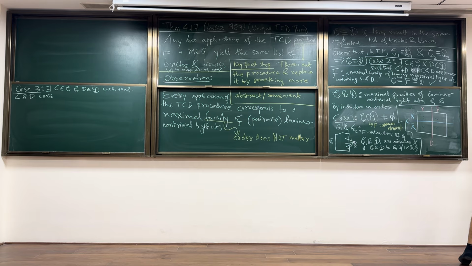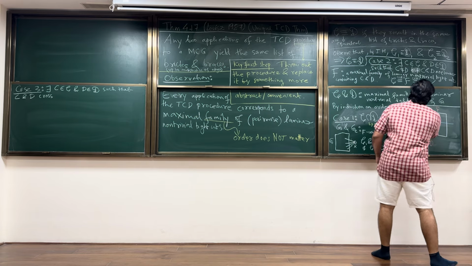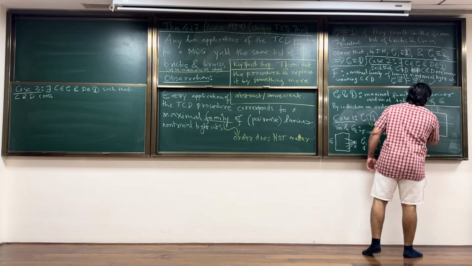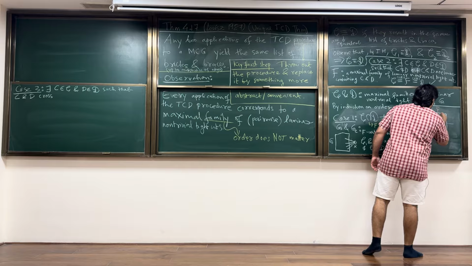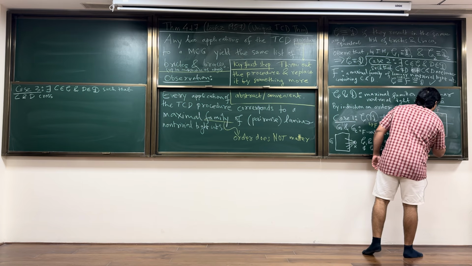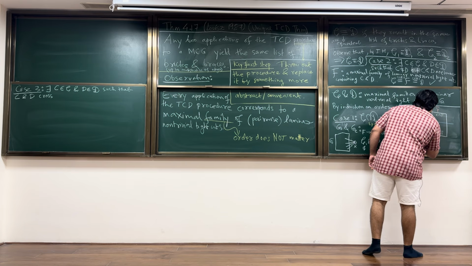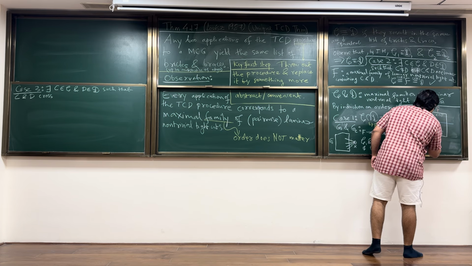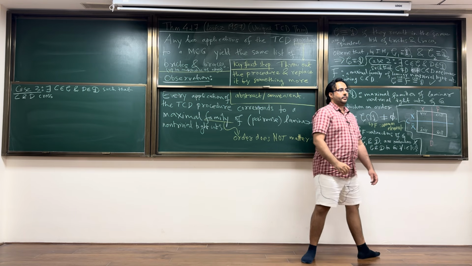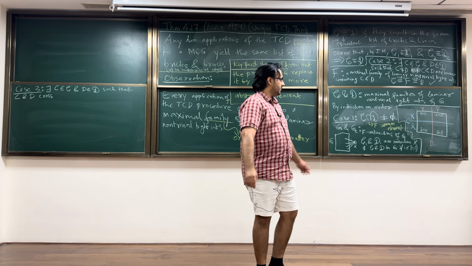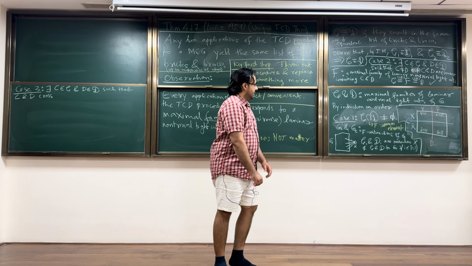So we know that all four quadrants are non-empty. Let's give them names, the obvious ones. This is X intersection Y. This is X intersection Y bar. This is X bar intersection Y bar. And this is X bar intersection Y. These are the four quadrants.